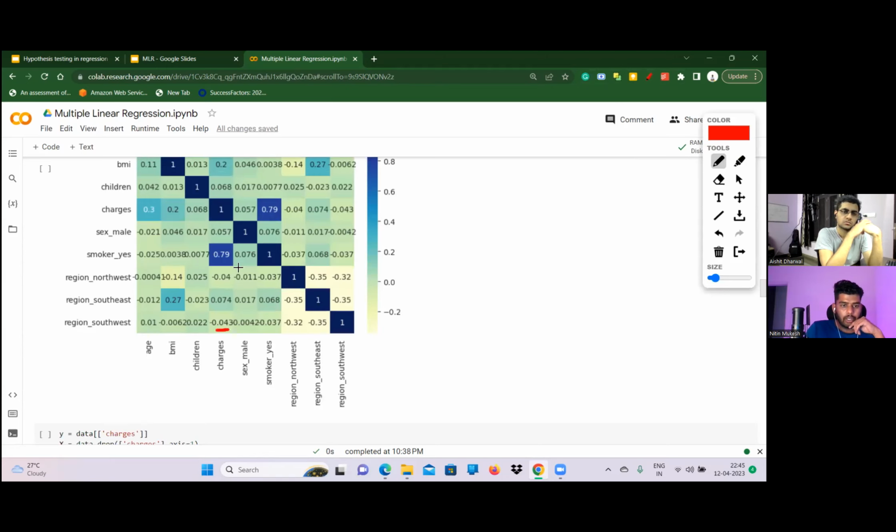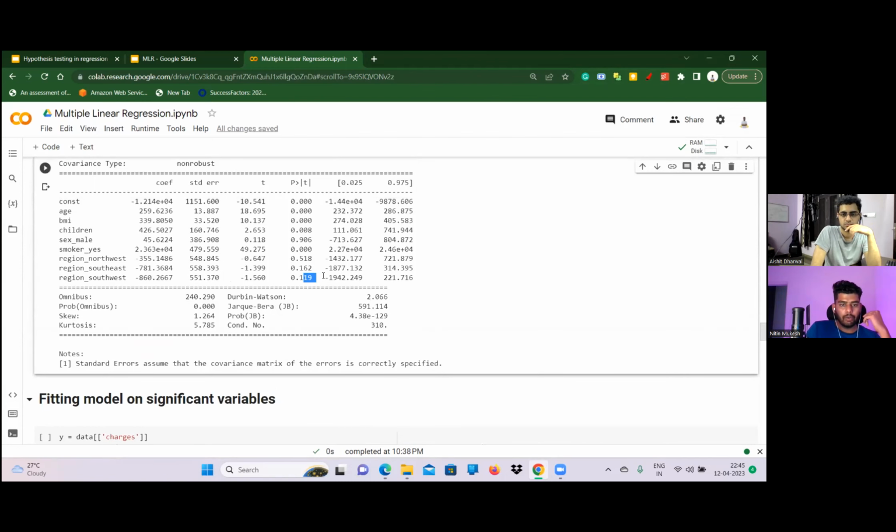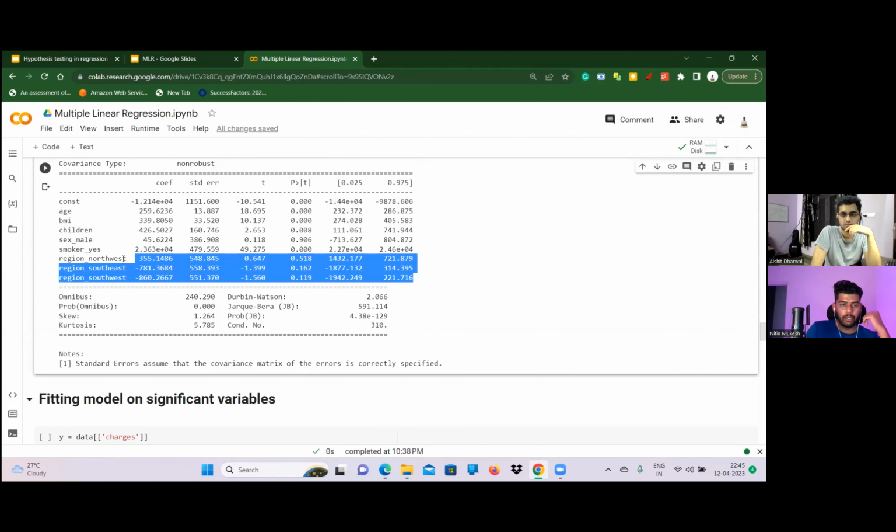Sex also has a very small correlation. The region also has a very small correlation, but smoker is very high. That is why it is significant. Age is significant because age also has a little bit high correlation. So this is what you also observe when you fit the model.